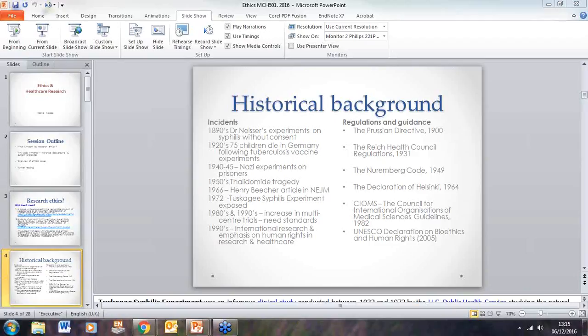instances where research ethics have been stretched or questionable, and it's very difficult. If you're undertaking a research study, you need to jump through many hoops to get it approved, and so you might be reading things now and thinking, gosh, how did this get through an ethics committee?